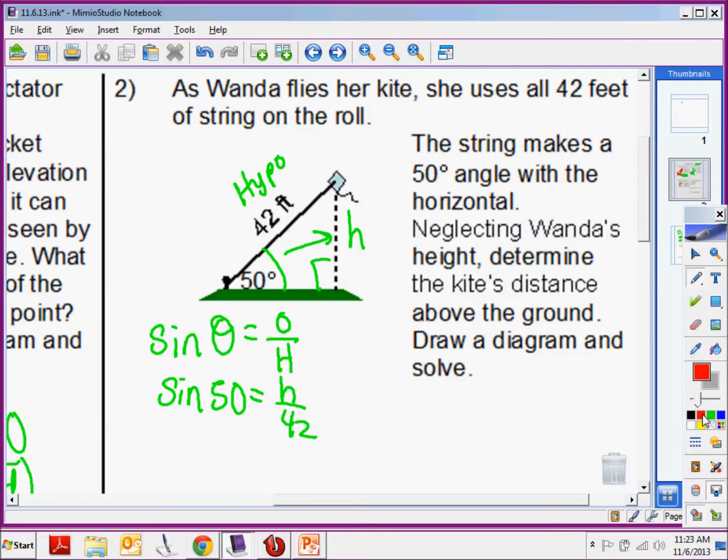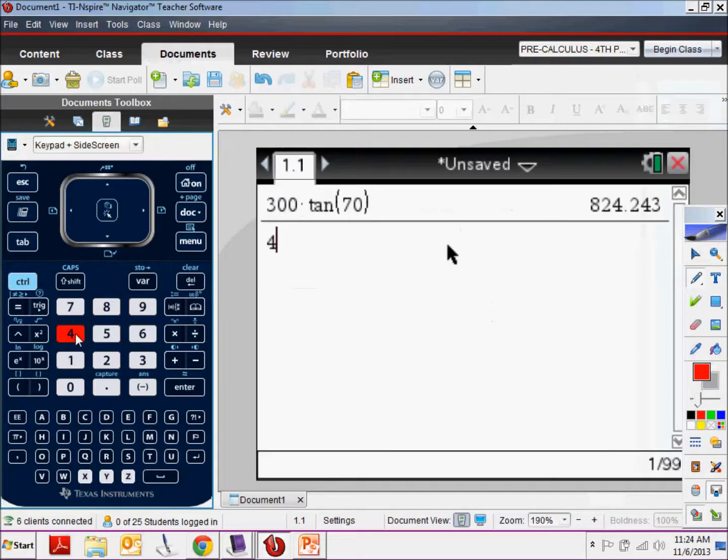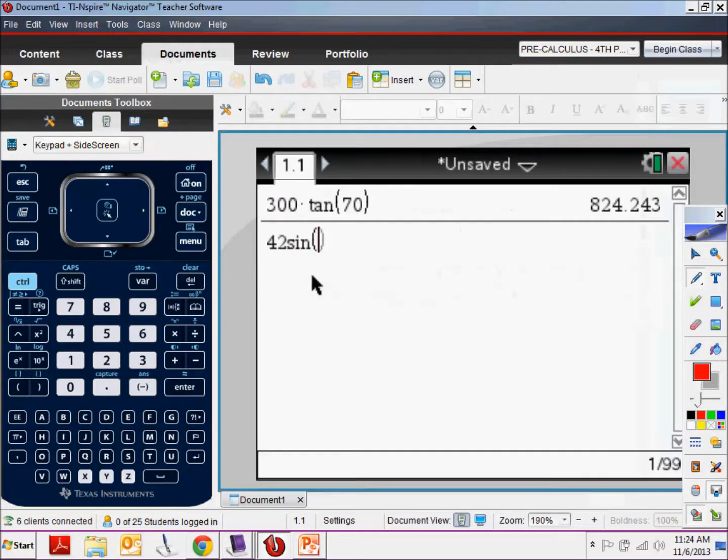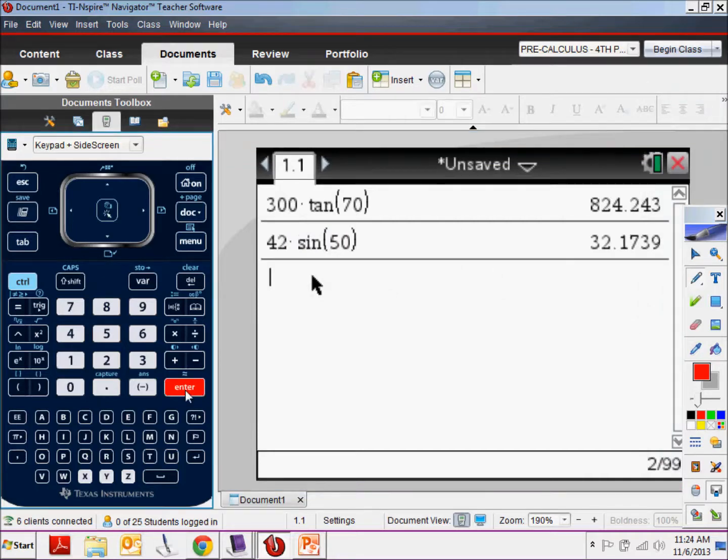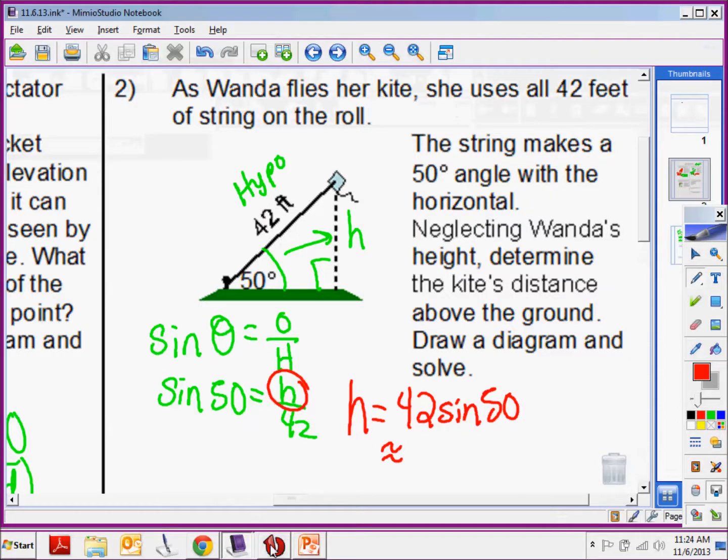In the numerator, which means I have to do what to solve for it? So the height equals 42 sine 50. And all I can do to get an approximation is put it in the calculator. 32.17. Okay, so I get 32 and 17 hundredths. And what's my measurement in? Units. Feet. Oh, feet.